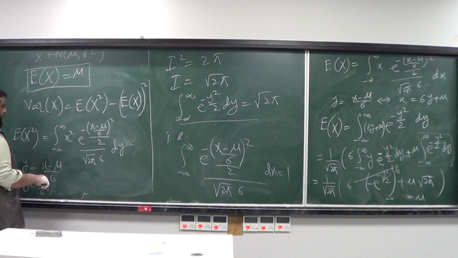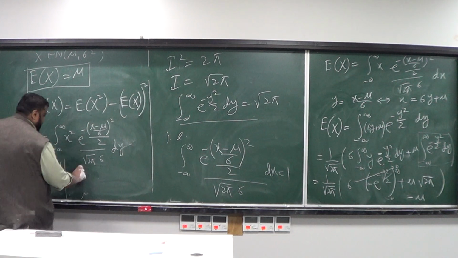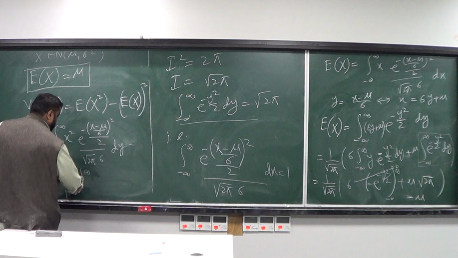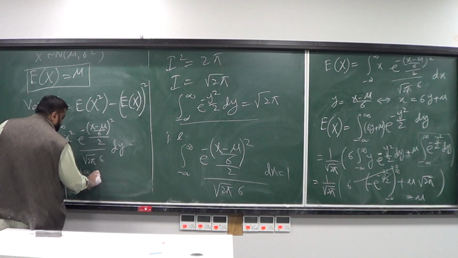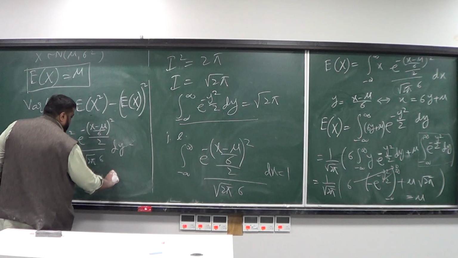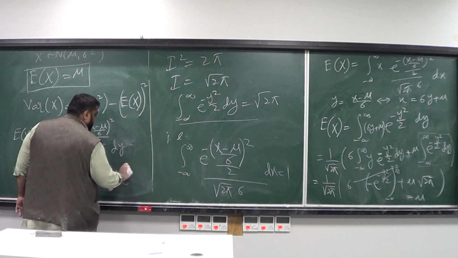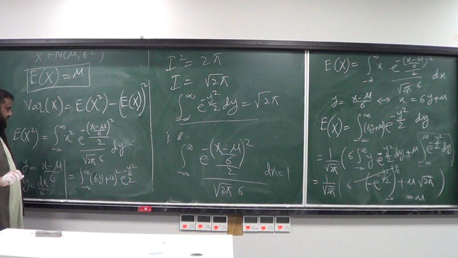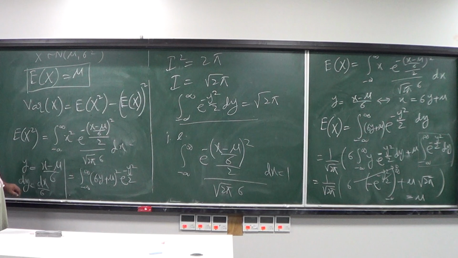So this integral is going to be the integral from minus infinity to infinity, where x is the same as previously, sigma y plus mu, so you have sigma y plus mu square, times e to the minus y square by 2, and dx by sigma will become dy.